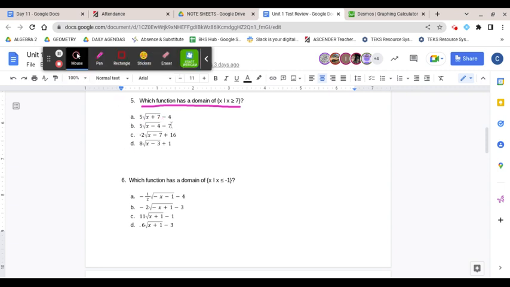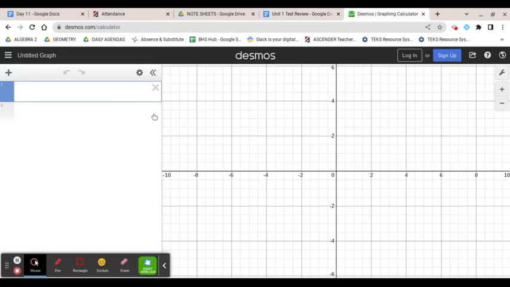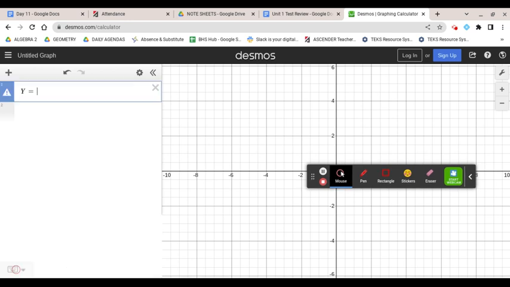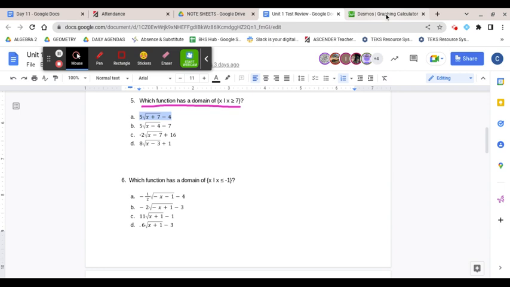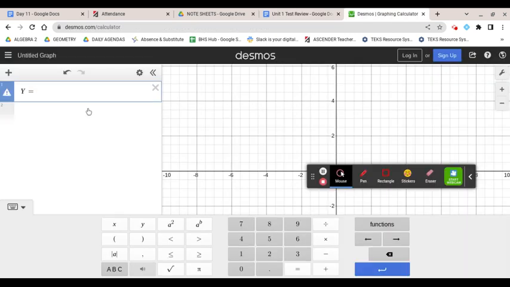So if we were to do this in Desmos, and you'll have access to Desmos as well, so if we have y equals, I have to type it in. So y equals 5 root x plus 7 minus 4. 5 square roots x plus 7, right arrow, minus 4.